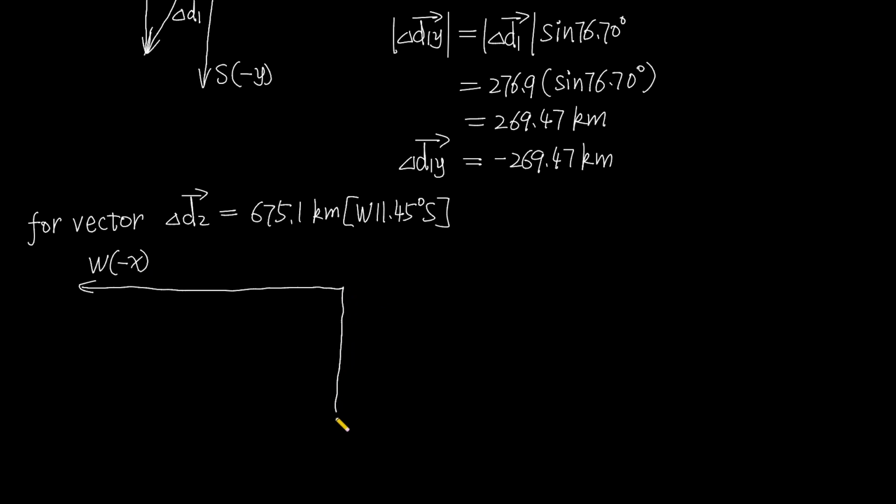And this is south, also negative y direction. The direction of the vector delta d2 is west, 11.45 degrees toward south. So it should be this way. This is the vector delta d2.